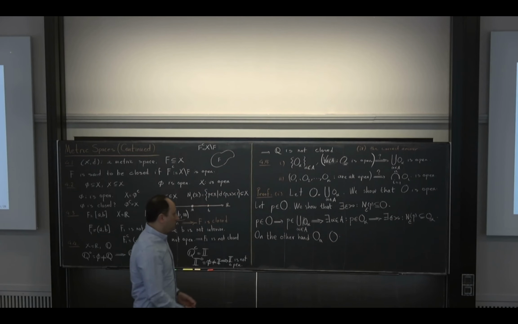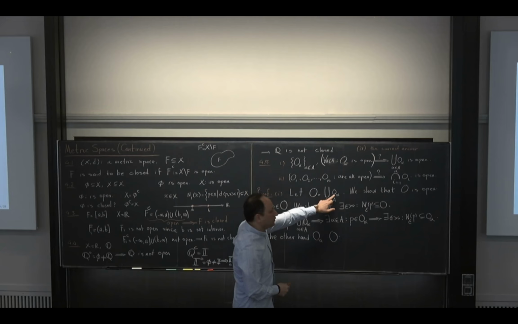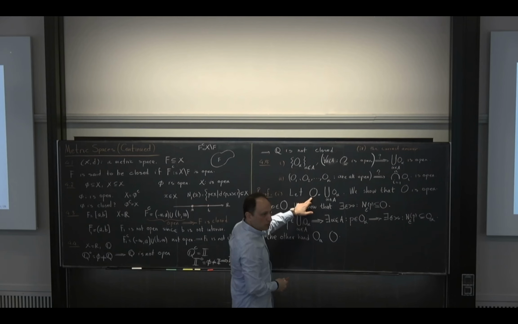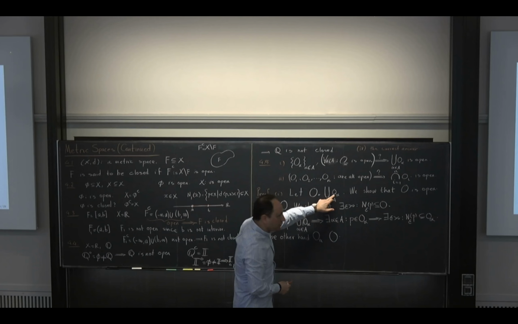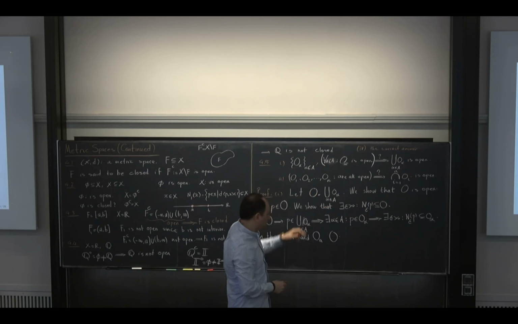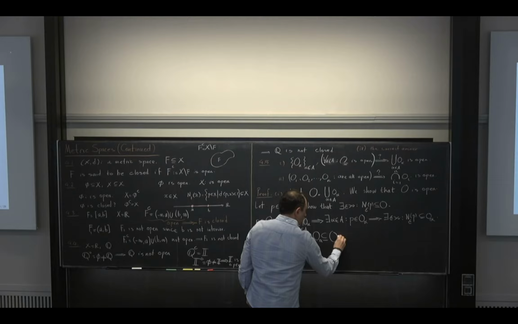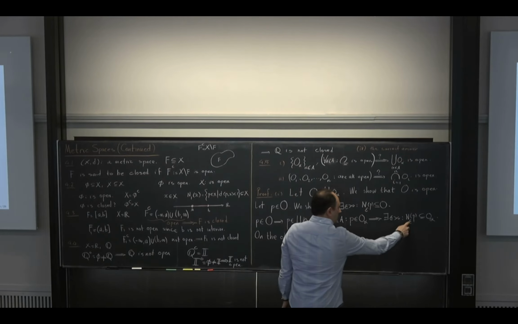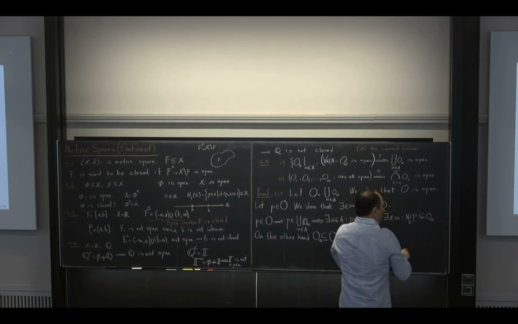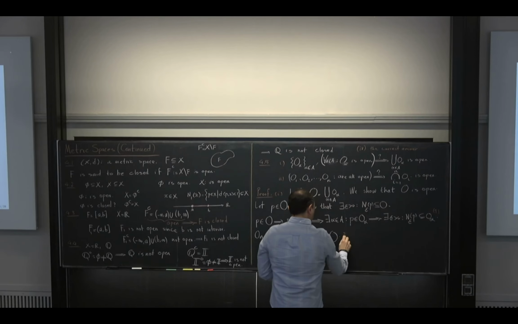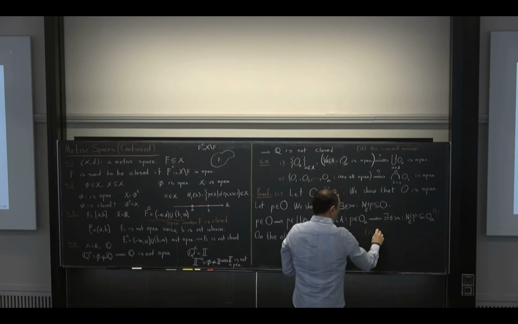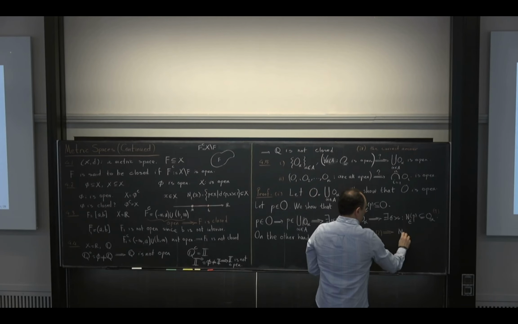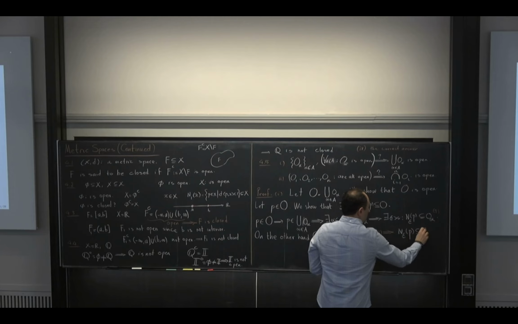Subset, yes? Because O alpha is one of these sets here. You are unioning them and call the union O. So each one of these individually is a subset of this one. So this will be like that. Do you agree? So, okay, now we are done. Because therefore, from number 1, let me call this one number 1, let me call this one number 2, and then from number 1 and number 2, what do I conclude? I can conclude that N(P, epsilon) is also a subset of O.